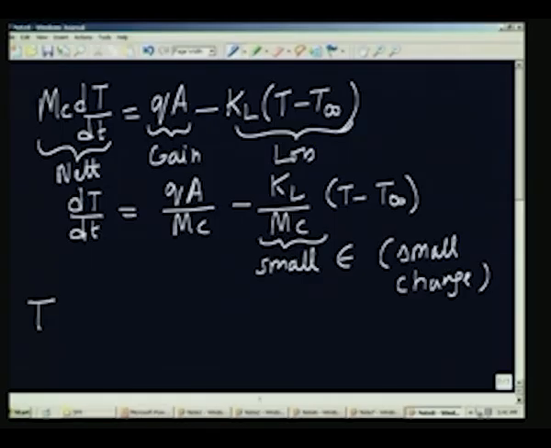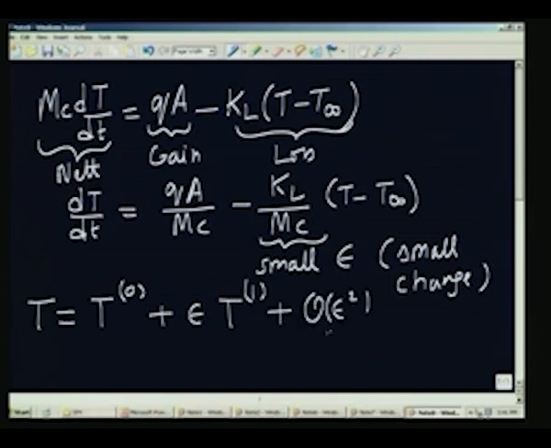So, I can do the following. I will assume that T is given by some dominant term T0 plus epsilon times T1, and of course, higher order terms will be there with epsilon squared and so on. I will say plus order epsilon squared, neglected. We neglect these terms.